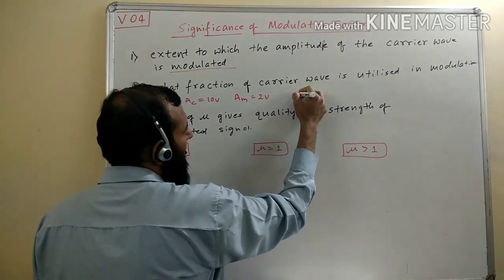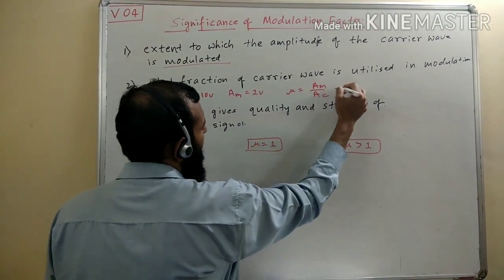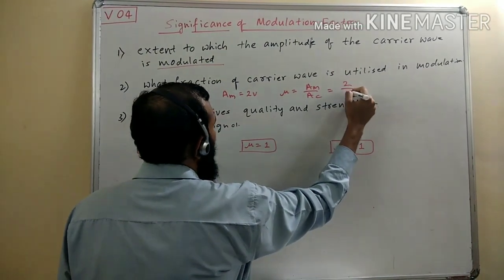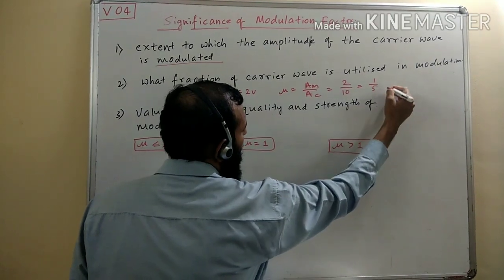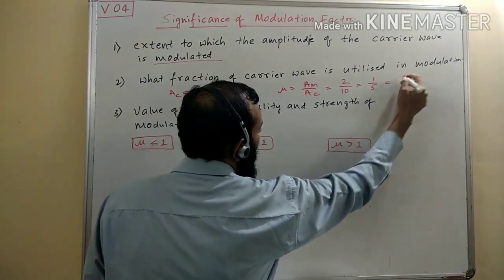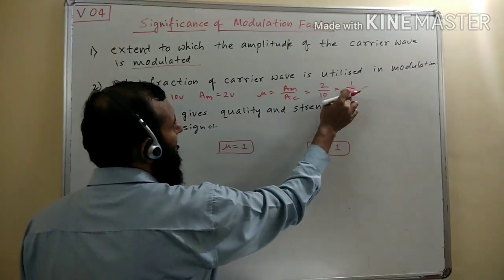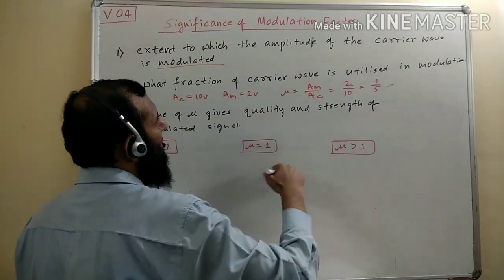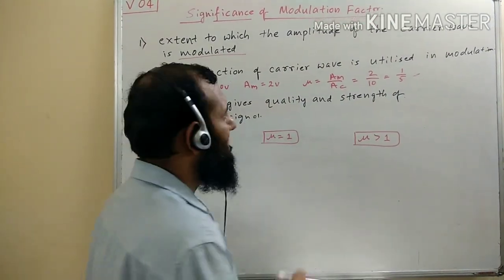Then the modulation factor mu is equal to AM by AC, so that is 2 by 10, which is 1 by 5. That means 1/5 of the amplitude of carrier wave is utilized in the modulation. So this is the second point.